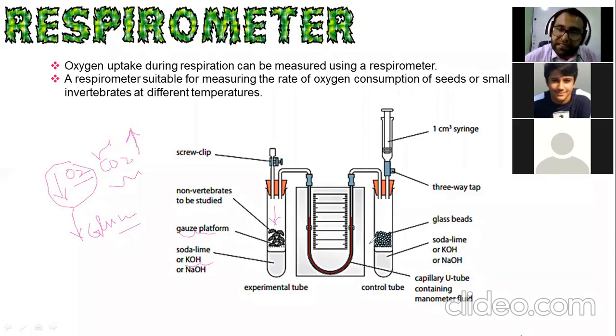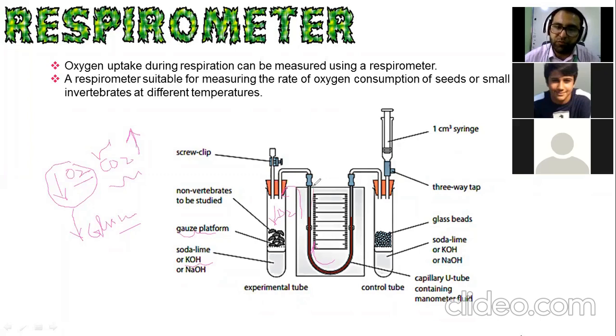Now, on this side, you will take the value from this manometer. This is a graduated tube containing a colored liquid. This liquid shows how much oxygen is utilized. For example, if more oxygen is utilized, this liquid will move toward the insect, because the pressure inside will decrease.